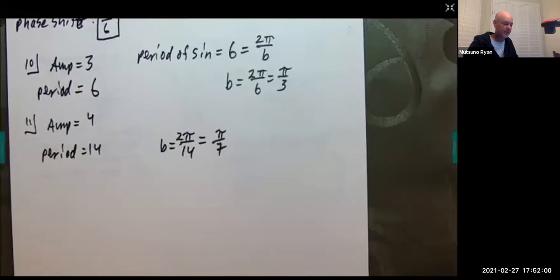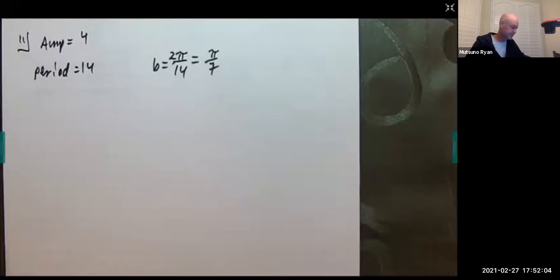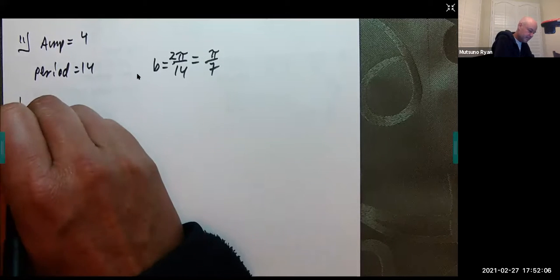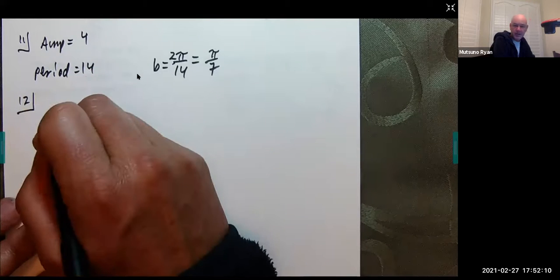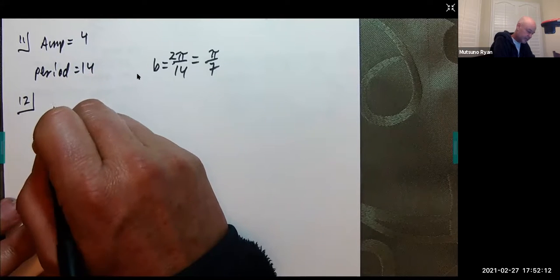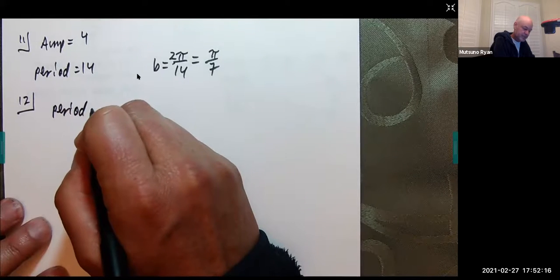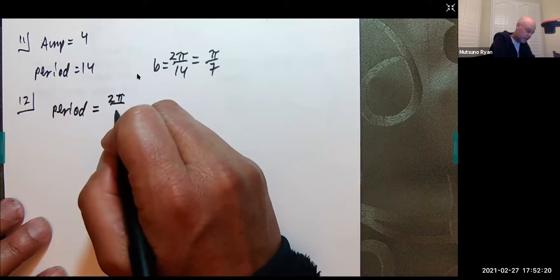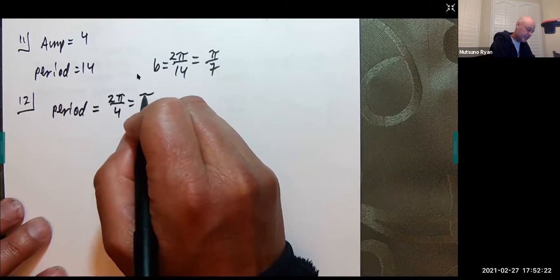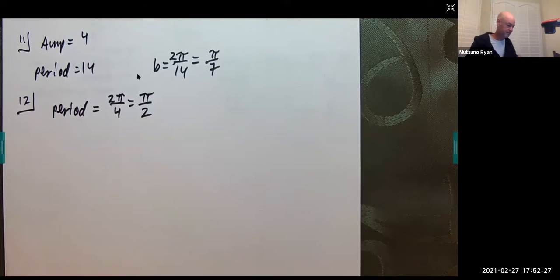All right, this is number 12. So again, the period for cosine is going to be 2 pi divided by b. b in this case is 4. So it looks like the period in this case is pi over 2.